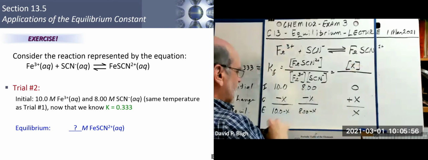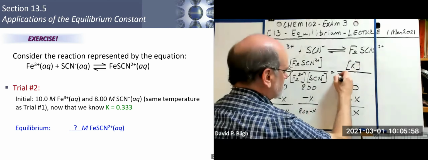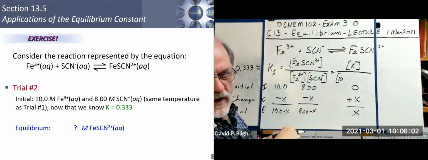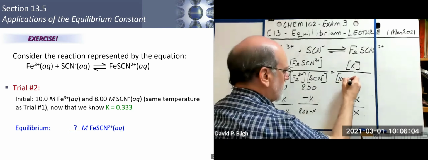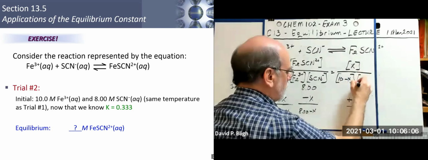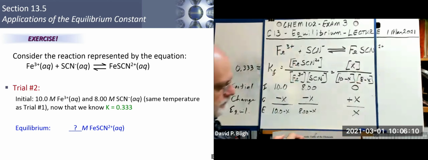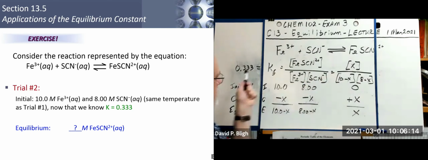There you go. And this one for iron, I'm going to drop some of these zeros off here just for convenience. There you go. So that's our expression. This is equal to that value. So you can solve for X.